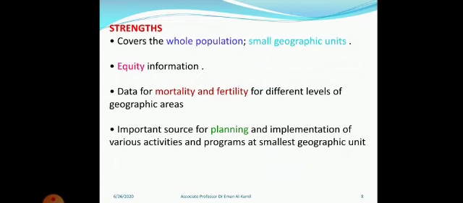For example, the strength of this census is that it covers all the population and different geographical units. Equity of information: the same information should be taken from the population.